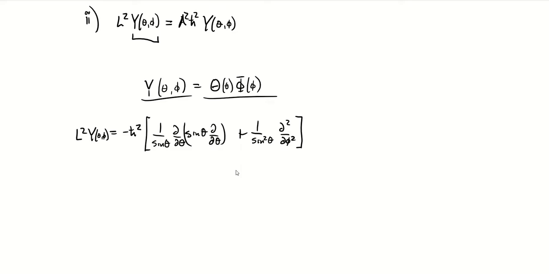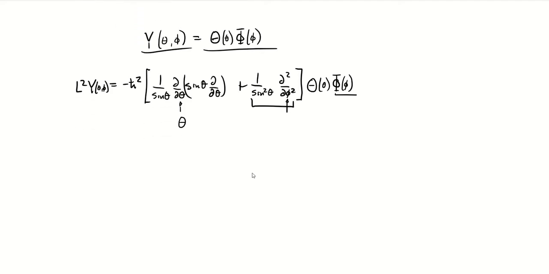If we separate this into those two functions and operate on them this way, we can see that this term is only operating on that phi function, and this term is only operating on that theta function. So again, we're going to do the same thing and get two differential equations, one for theta and one that involves phi.